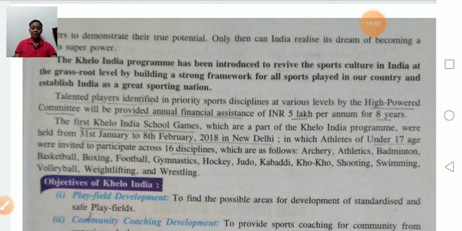The 16 disciplines organized were archery, athletics, badminton, basketball, boxing, football, gymnastics, hockey, judo, kabaddi, kho kho, shooting, swimming, volleyball, wrestling, and weightlifting.